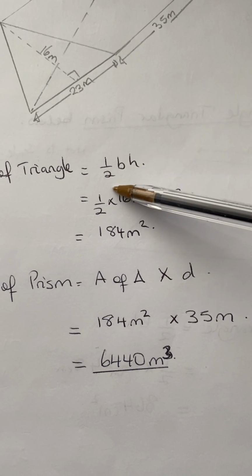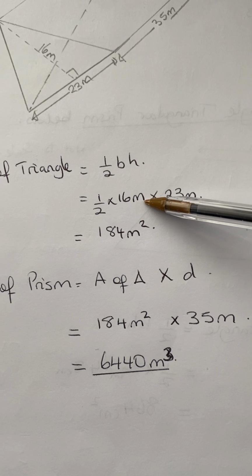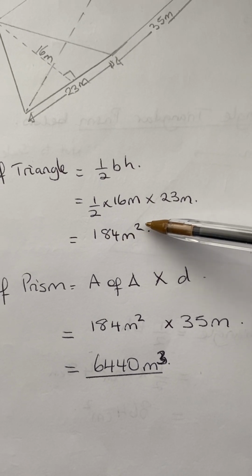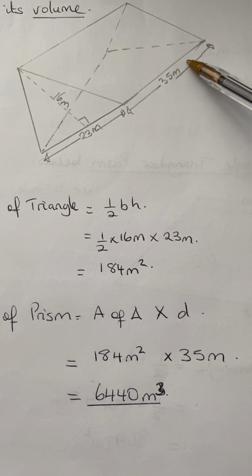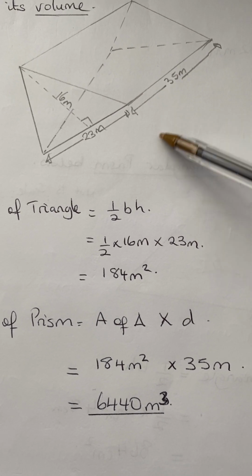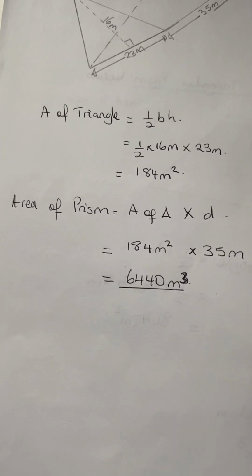Now if you do that correctly, you should get 184 meters squared, because the units on the prism are in meters.